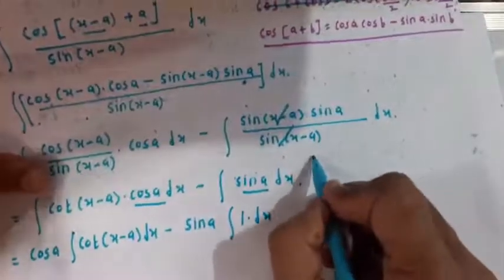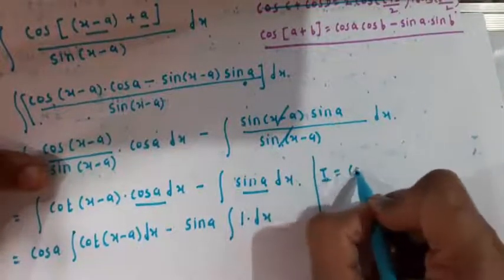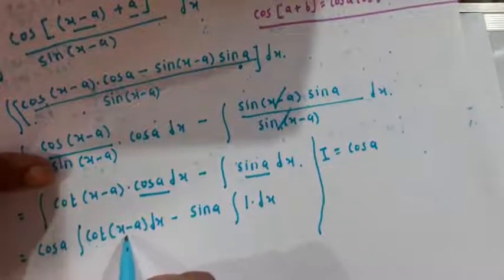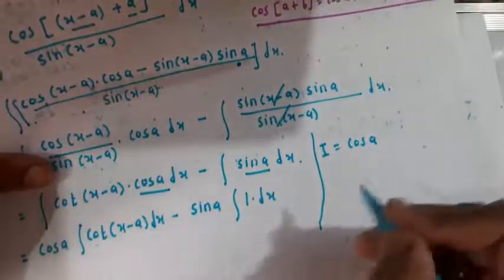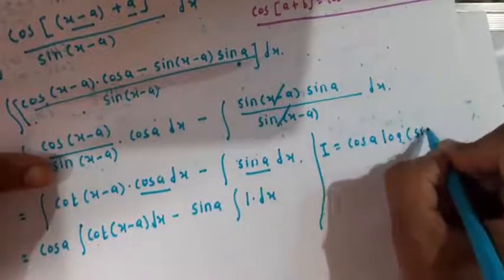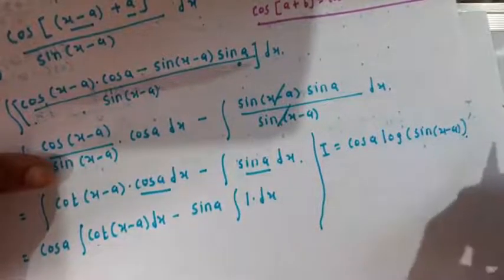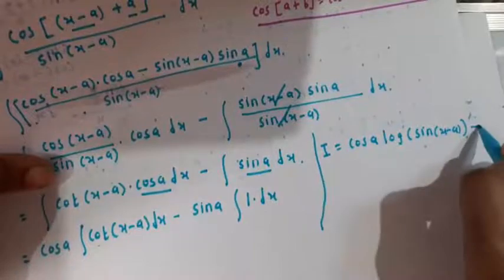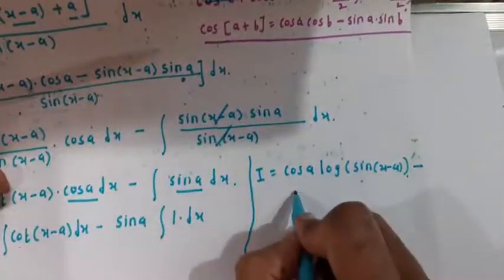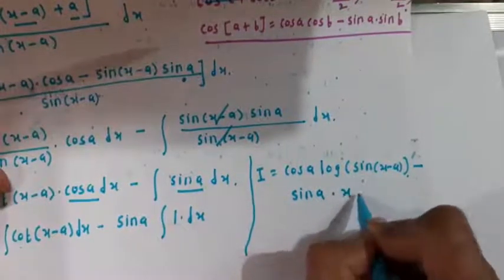Now its integration I is equal to cos a times the integration of cot(x − a), that is log of sin(x − a), minus sin a as a constant, and the integration of 1 with respect to x is x.